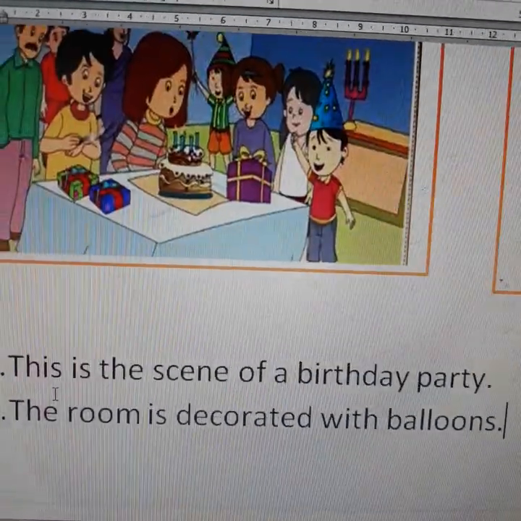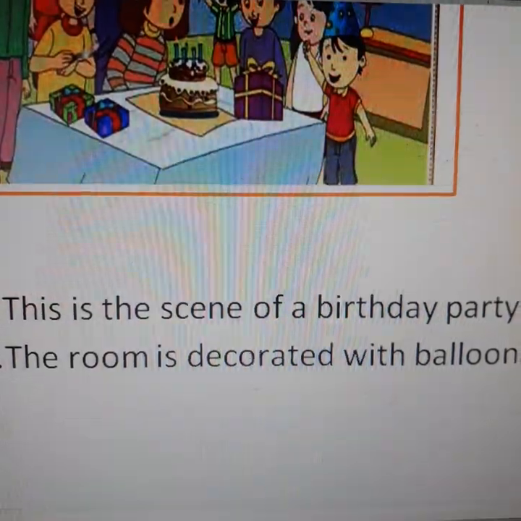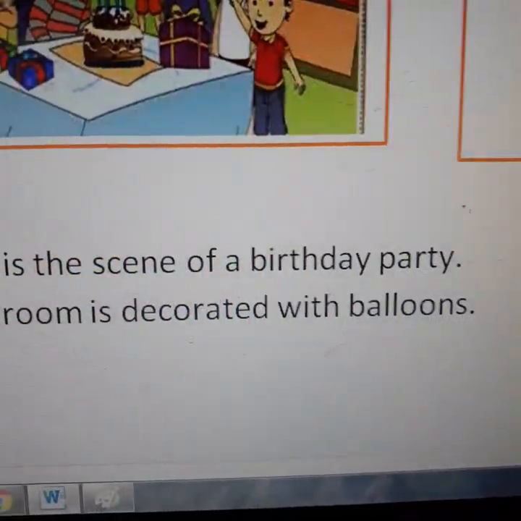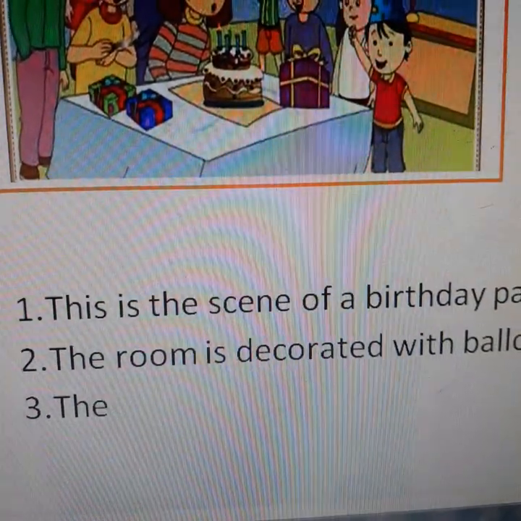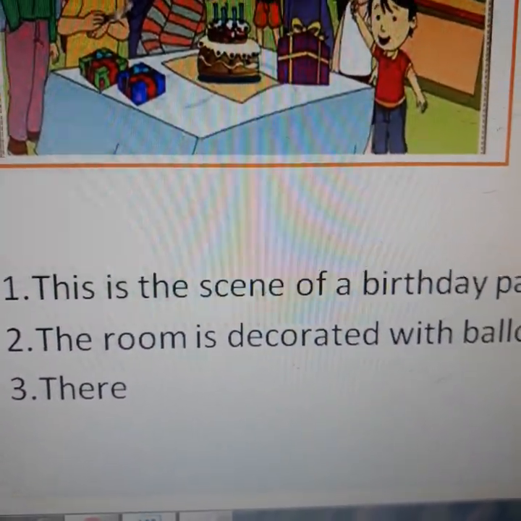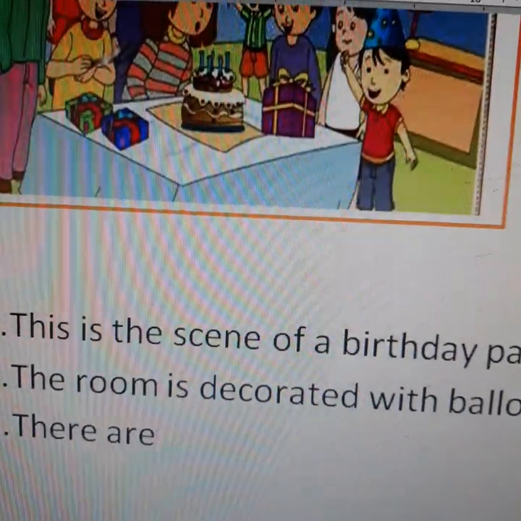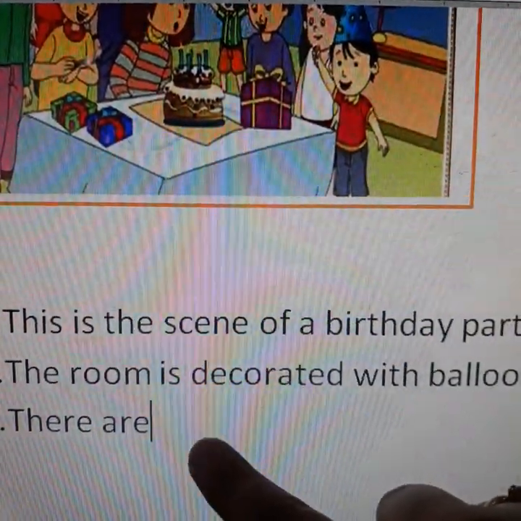Rest, there are candles on the cake. Okay, number 3 you can write: there are candles on the cake. Now why am I using are here? Because we are going to talk about candles, and candles are more than one, which means plural, so we will use are.